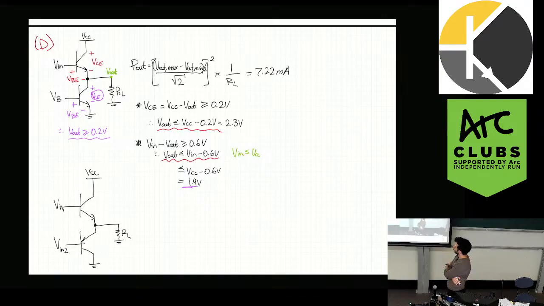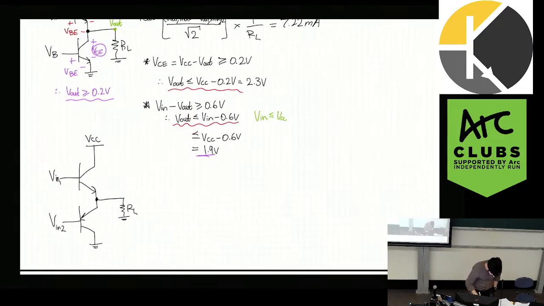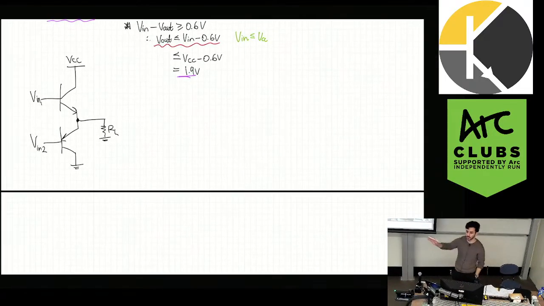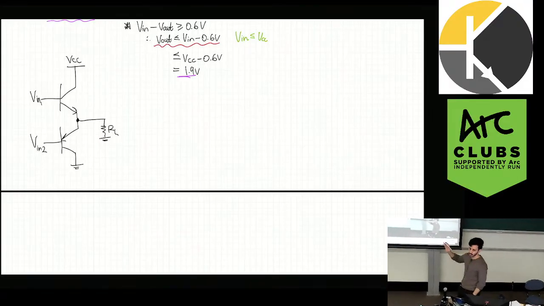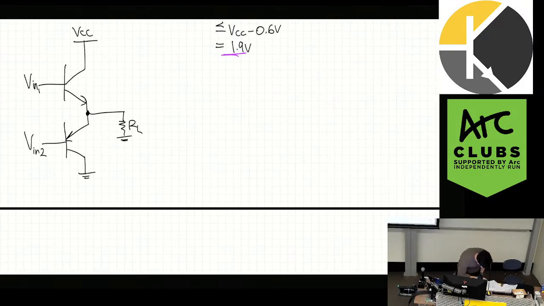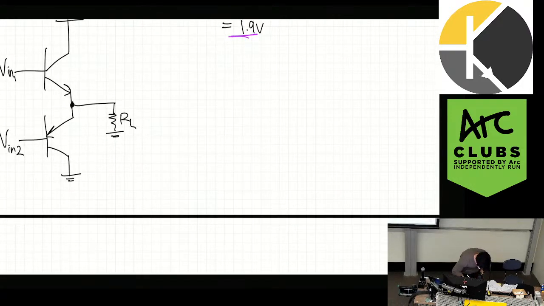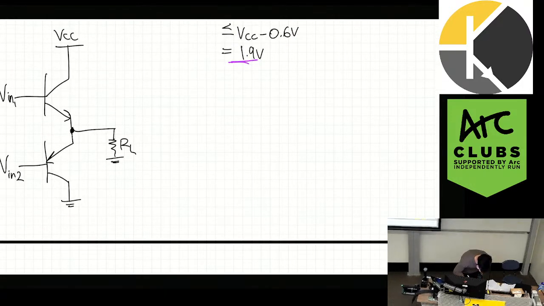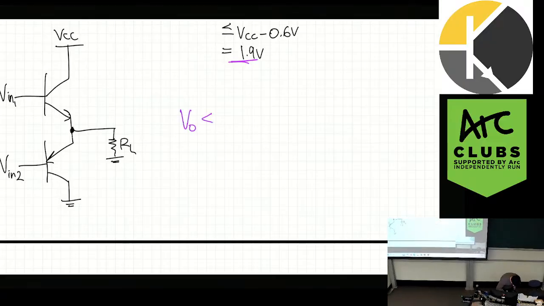And so when you recalculate the range required, when you calculate the maximum possible voltage you can get from this, you go through a similar procedure to what we just went through, the exact same procedure. You get that Vout must be less than or equal to 0.6 volts, and Vout must also be greater than or equal to 1.9 volts.